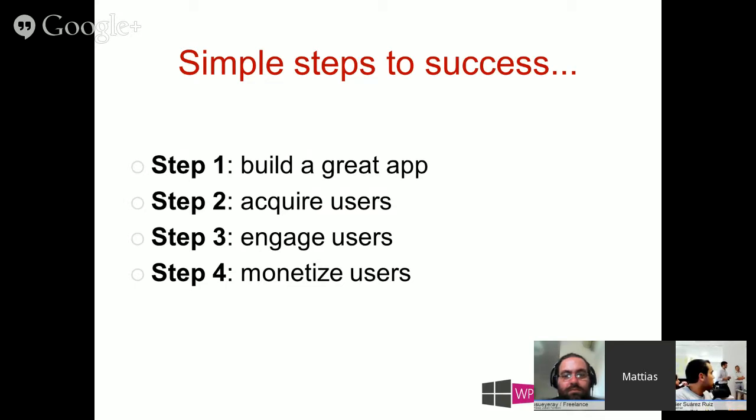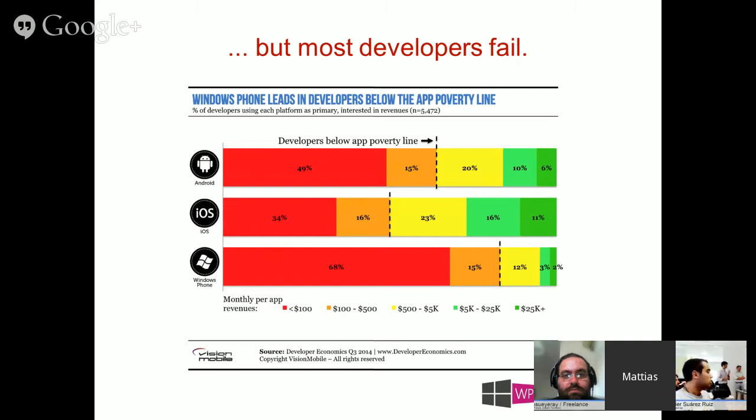In reality, if we look at the statistics on any platform, most developers are making quite little revenue. On Windows Phone, 70% of developers are making more than $500 with their app. On Android and iOS, percentages are a bit better, but Windows Phone is a newer platform. The market share is smaller, and considering the market share difference, the situation is actually pretty good on Windows Phone.